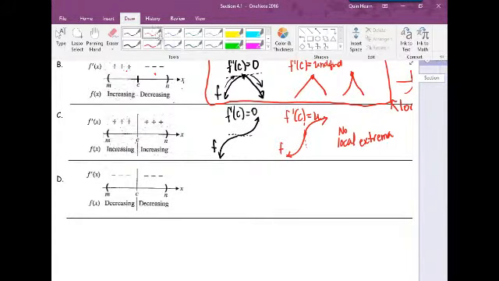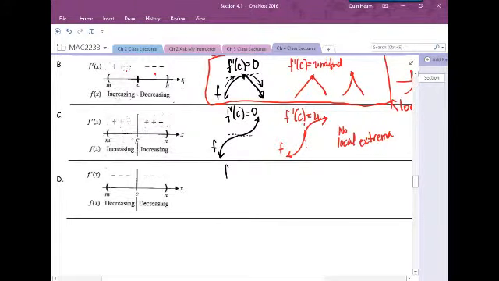So you know for sure, if there's no change in the sign, you know for certain that there's not going to be a local max or min. The same thing for negative on both sides. So this would look like if the first derivative is 0 at c, and it's decreasing, then decreasing, we're going to decrease, then decrease some more with a horizontal tangent line here. That's what f would look like.